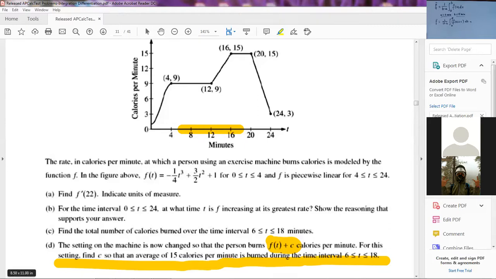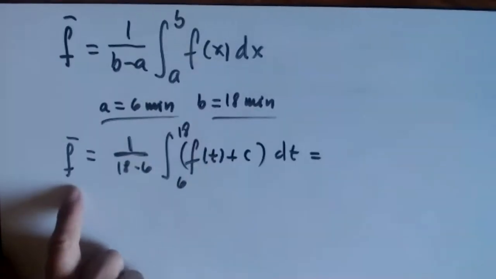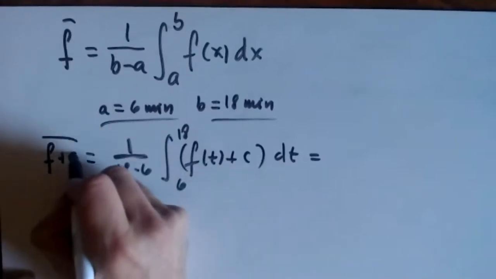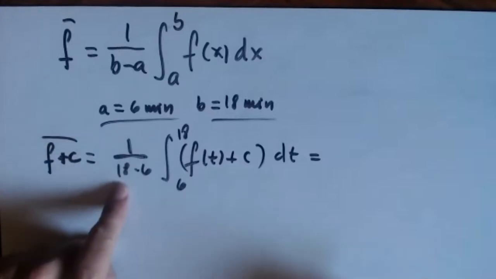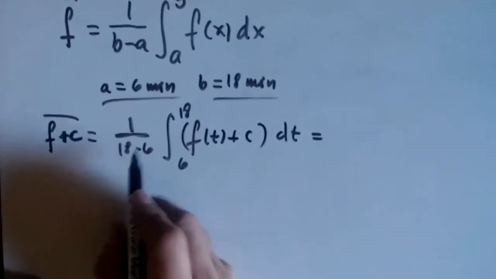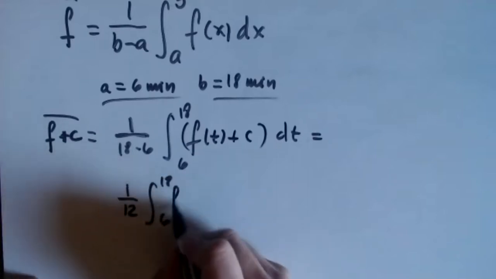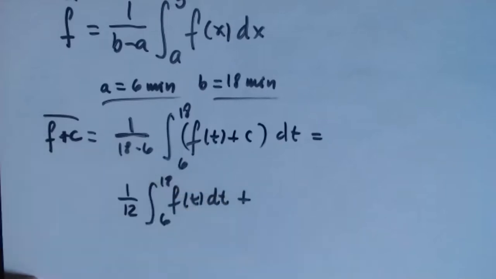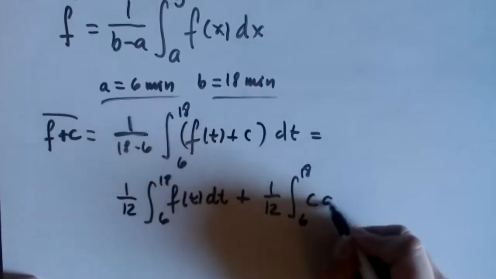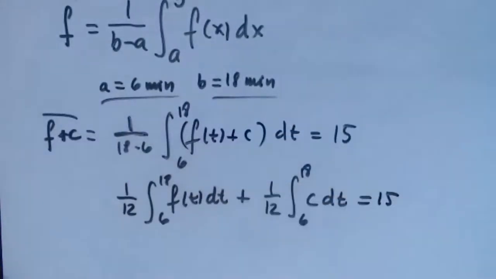So this is my formula. The average value of f plus c is going to be 1/12 integral 6 through 18 of f(t) dt plus 1/12 the integral from 6 through 18 of c dt. And this has to be 15, right?